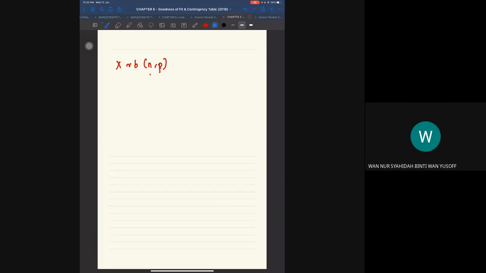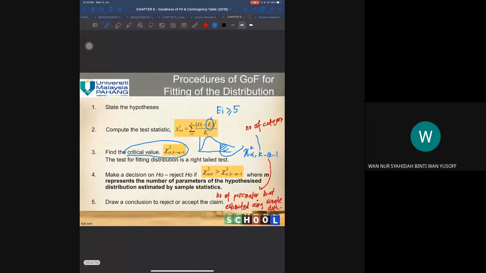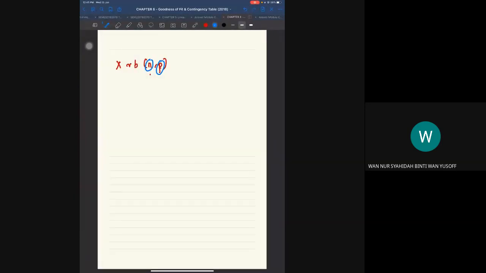We need to calculate these 2 values if they are not in our question. That is what we mean by estimated using sample data. So your M just now is equal to 2.